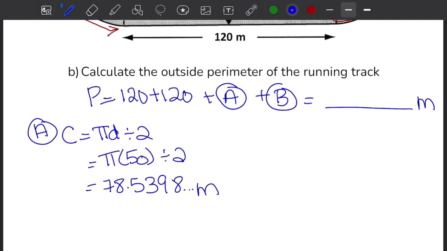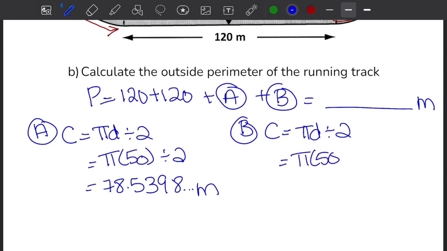I'm going to do the same thing for part B right here. I'm going to find the circumference, and again it'll be the same answer we got for A because it's the same size semicircle, but I'm just going to show it anyways, and the answer will be the same.